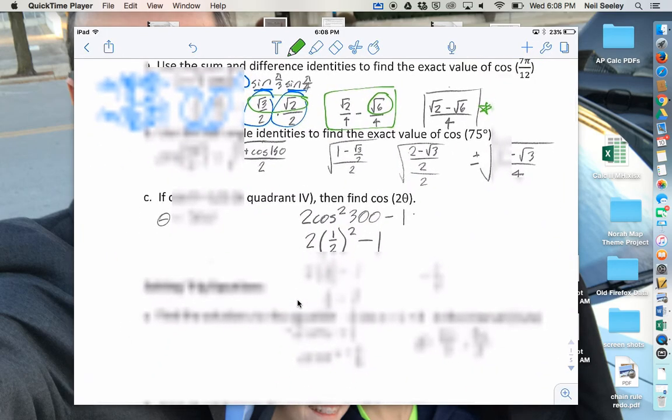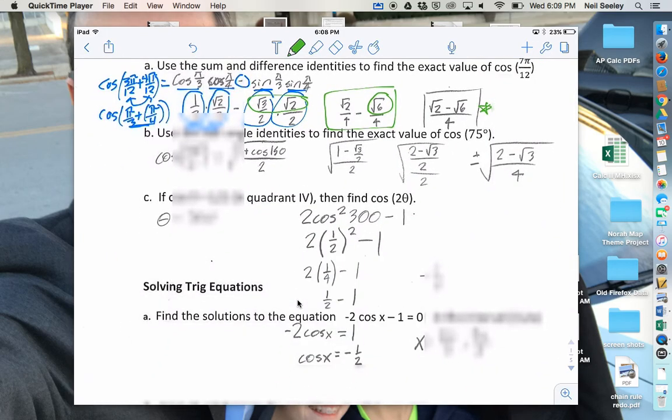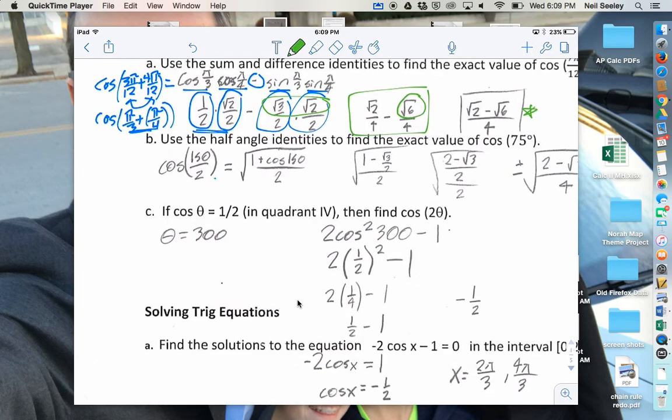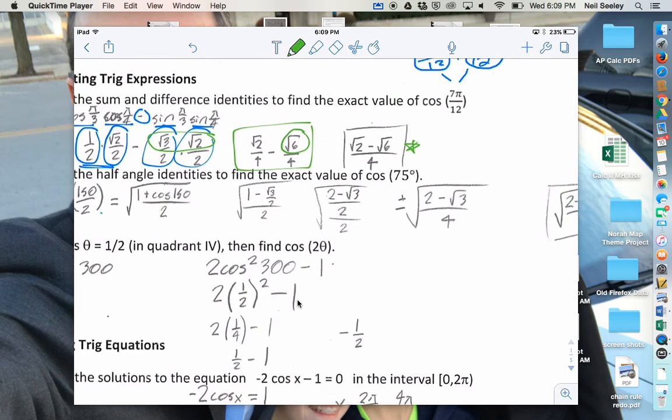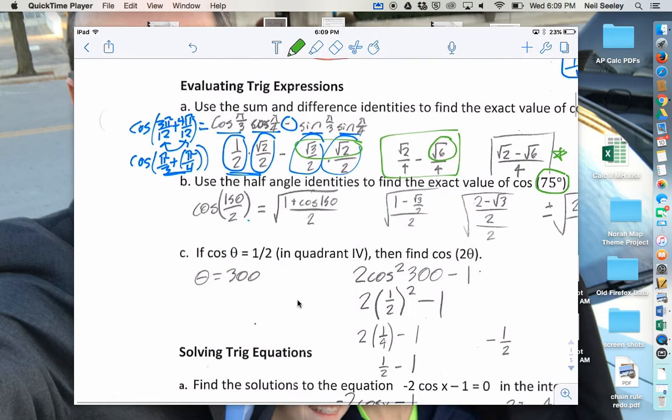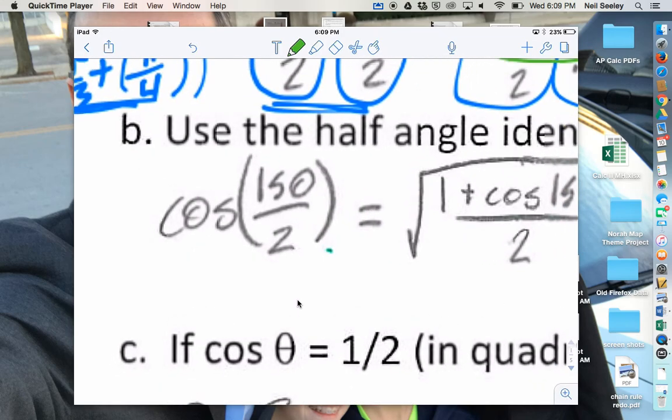So I'm going to get through a couple more. Next one is using a half angle identity. 75 is not on the unit circle, but what you could do is rewrite it as 150 over 2. Now the key is this needs to still be 75 degrees. You can't go change it to something other than that.